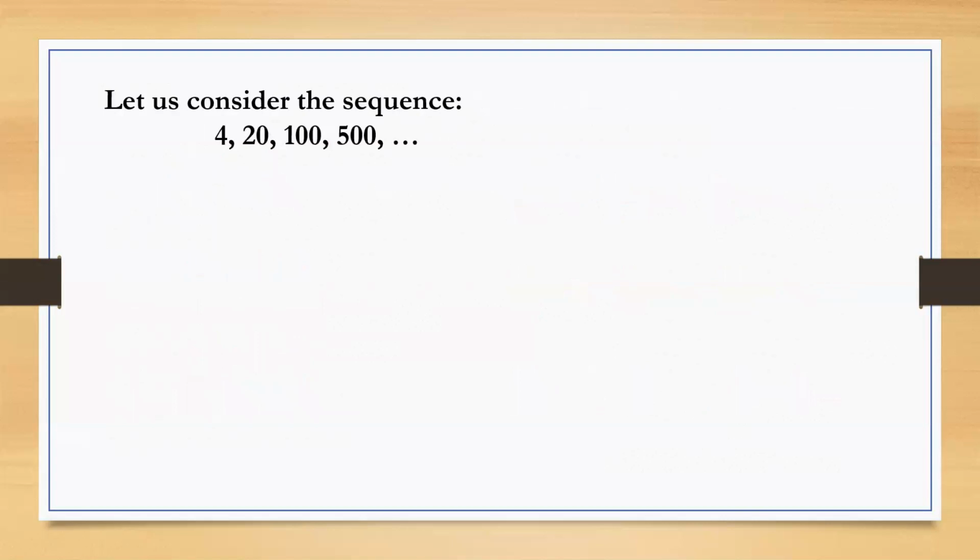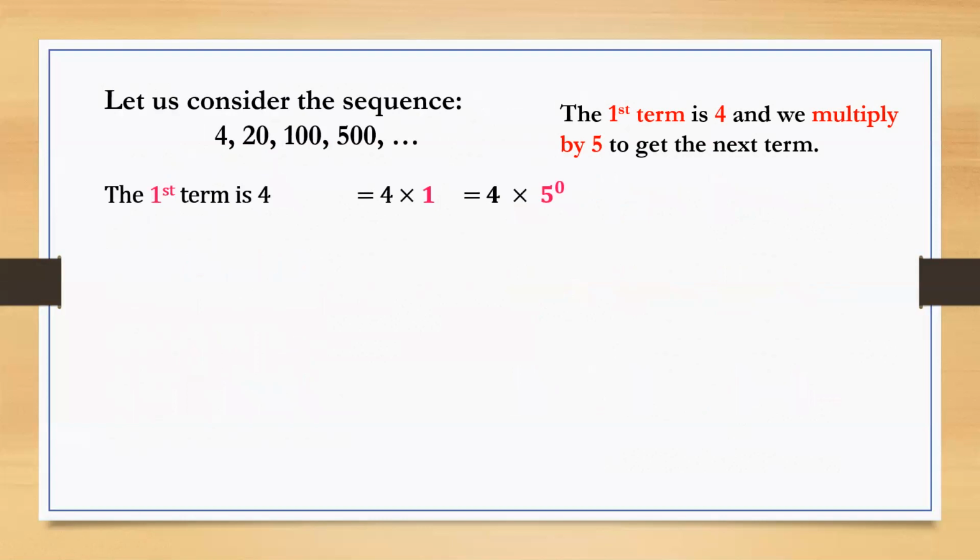Consider the sequence 4, 20, 100, 500, and so on. Here the first term is 4, and we multiply by 5 to get the next term. So the first term is 4, which can also be written as 4 times 1, or 4 times 5 to the power of 0.